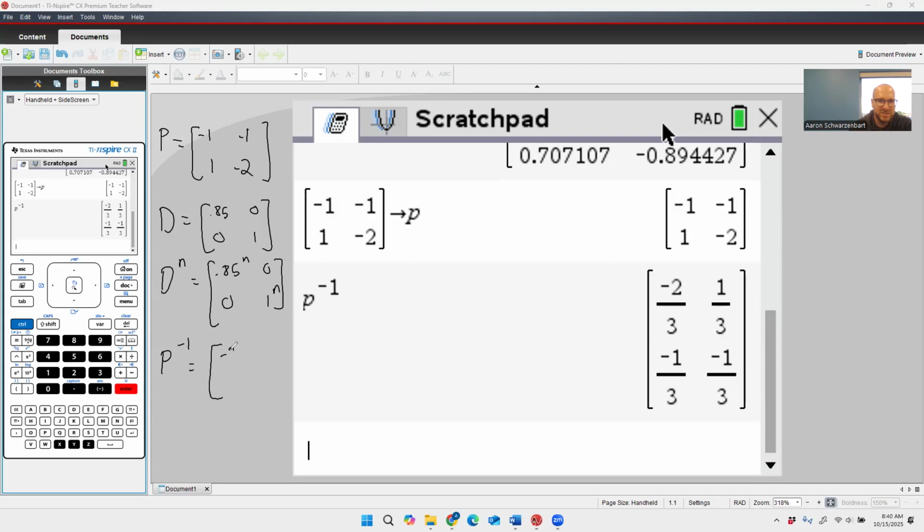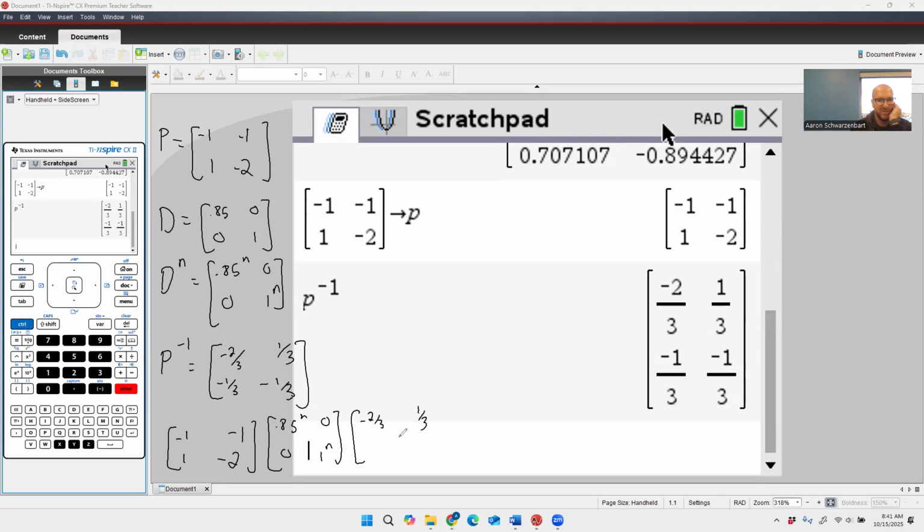Okay, I've got to write this down. This is what it looks like: P is -1, -1, 1, 2, -2, D is 0.85 to the n, 0, 0, 1 to the n.